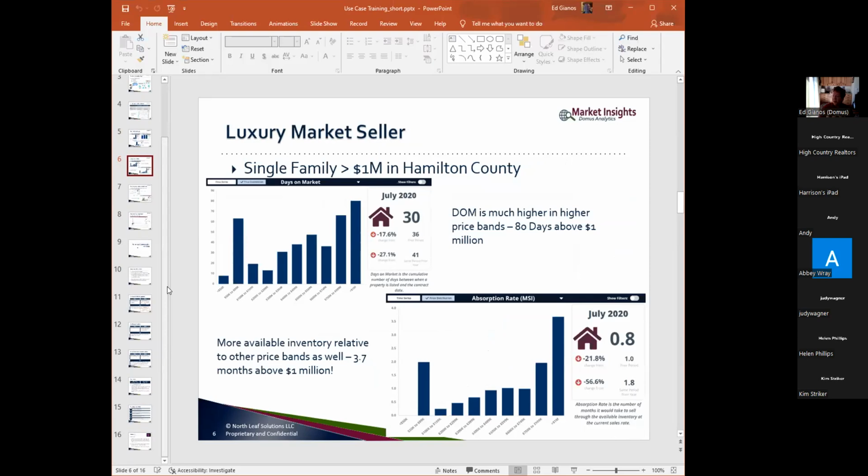And even though that sounds like bad news on the surface, what you're doing is differentiating yourself as an expert. And those luxury sellers are really going to appreciate that data-driven truth and have more confidence in you and your ability to execute your function.